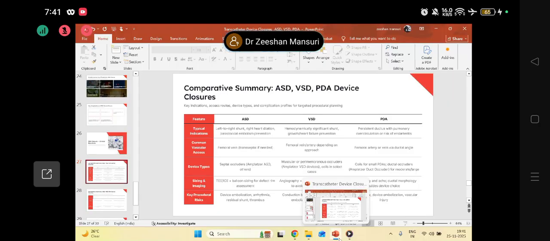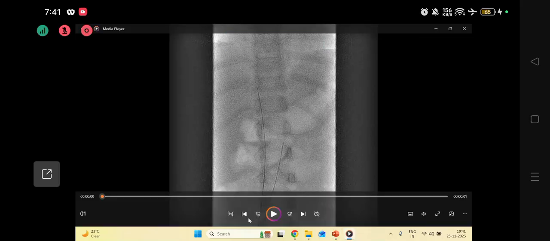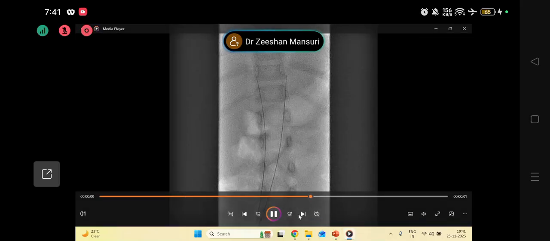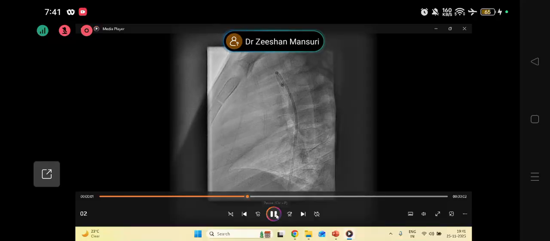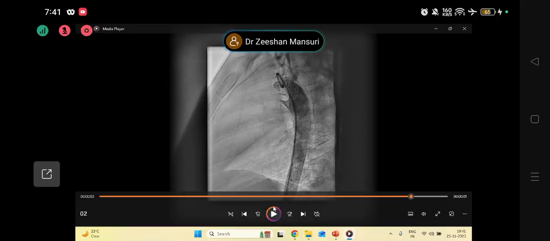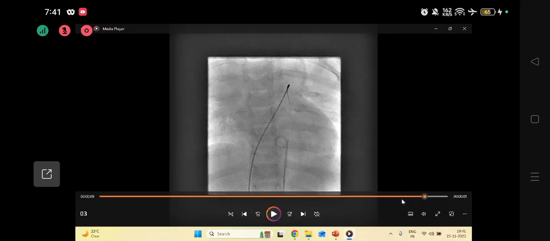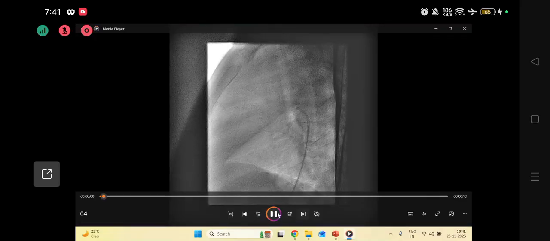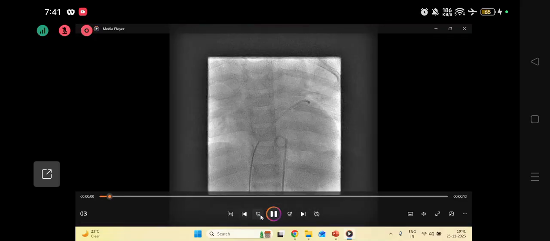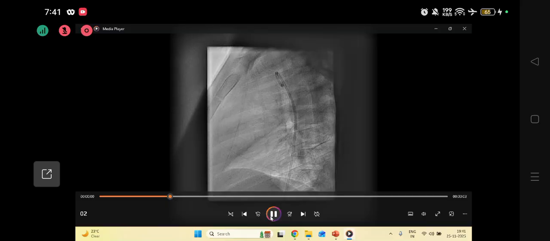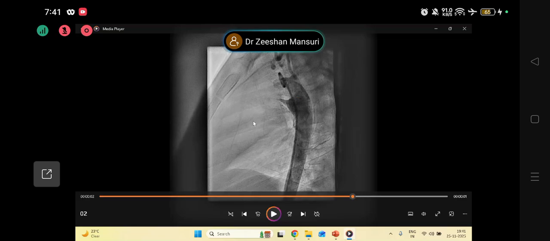I'll again try and show it from the videos, the location of the PDA on the lateral wall is somewhere here. So you can try and poke from here and then to here.